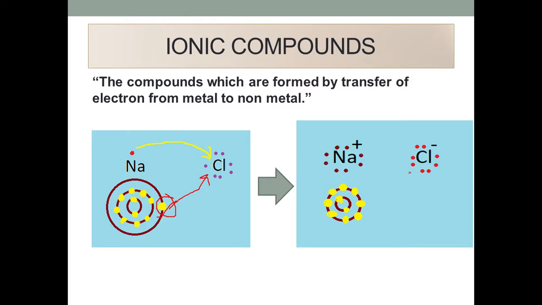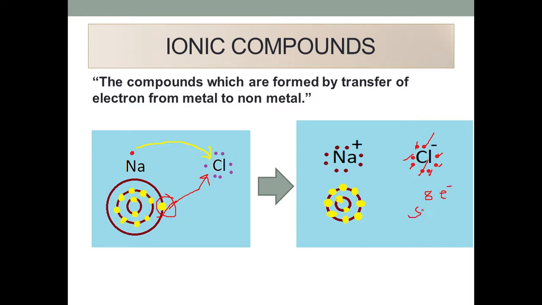Chlorine then has 8 electrons, 1 2 3 4 5 6 7 8, in its outermost shell, and this configuration is quite stable.